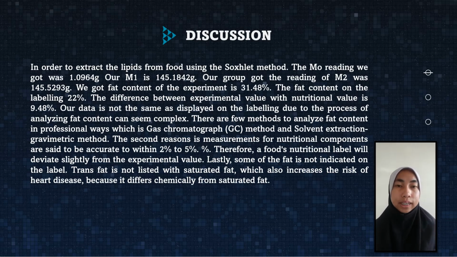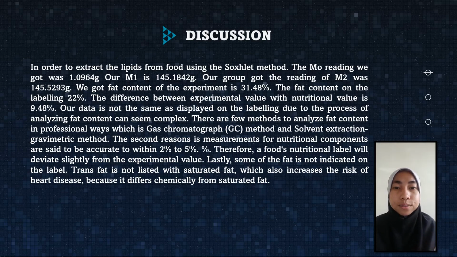After a little discussion, we know that, first, our data is not the same as displayed on the label. Maybe there are many types of fat as well as a variety of ways to test it.